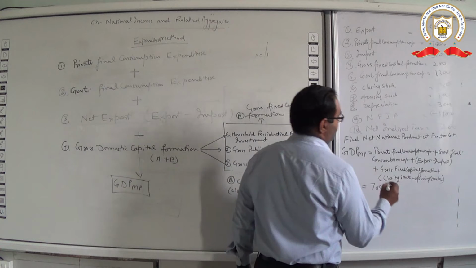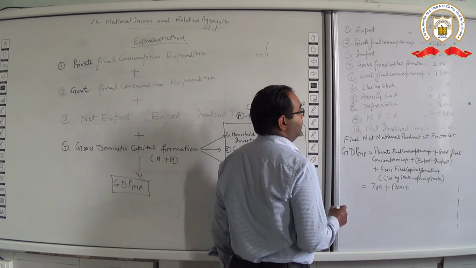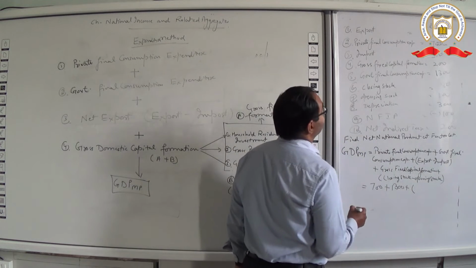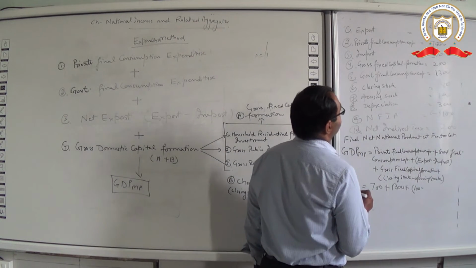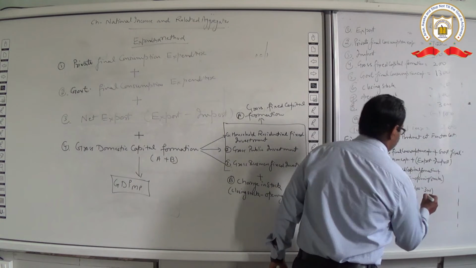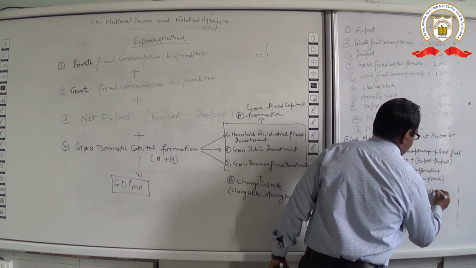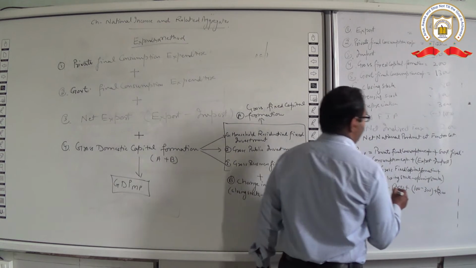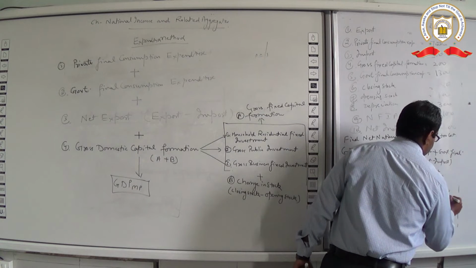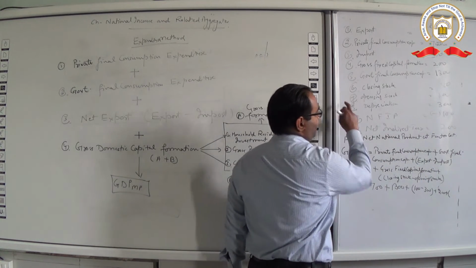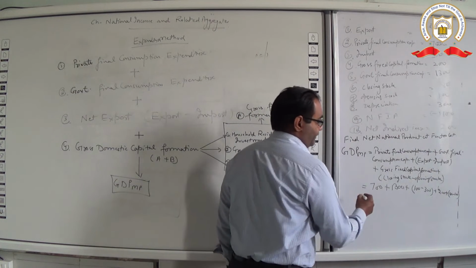Private final consumption expenditure 700, government final consumption expenditure 1300, value of export 100, value of import 300, gross fixed capital formation 200, and we add change in stock, plus closing stock 80 minus opening stock 100.